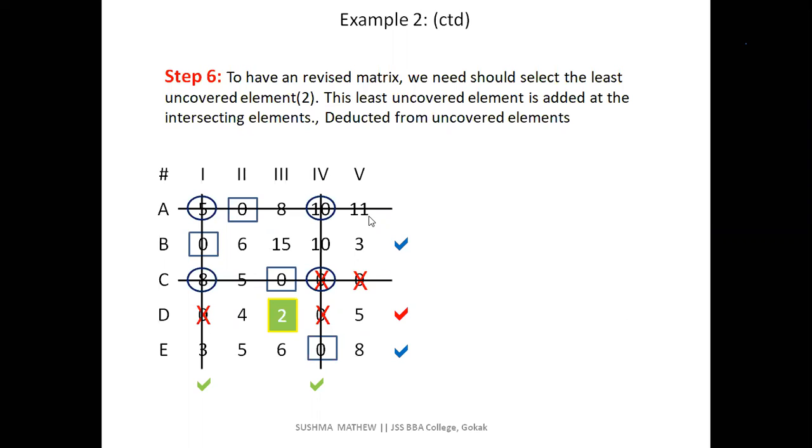Okay. And there is 11 as it is, I'm not touching 11. And then next 0 as it is, I'm not doing anything. 6 minus 2 because it is an uncovered element, so I am just deducting the least element from it. Tell me the answer. Shruti.